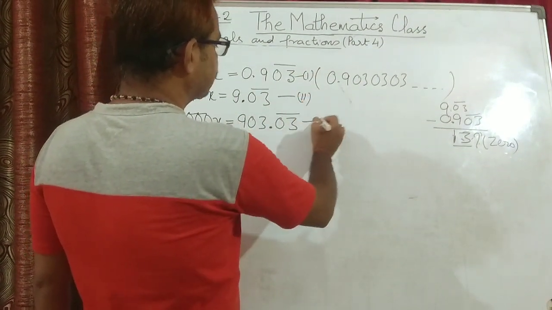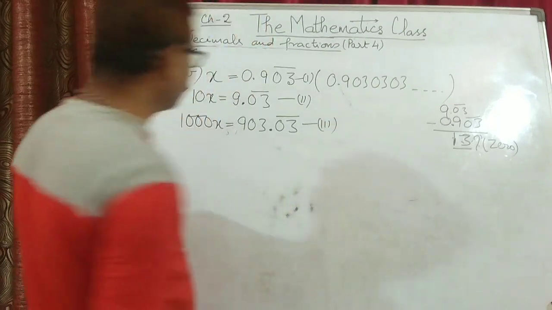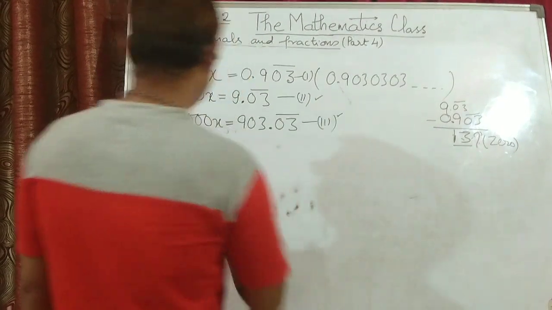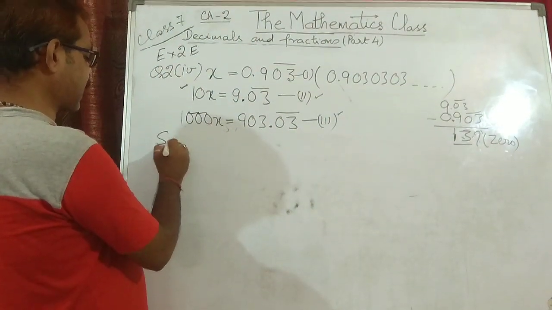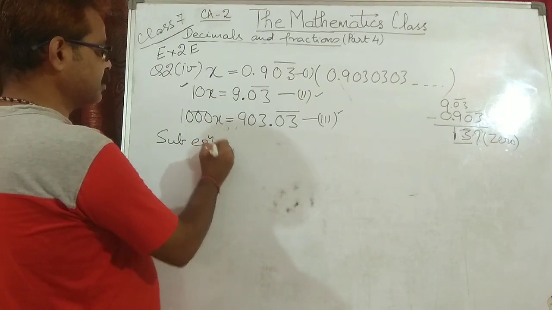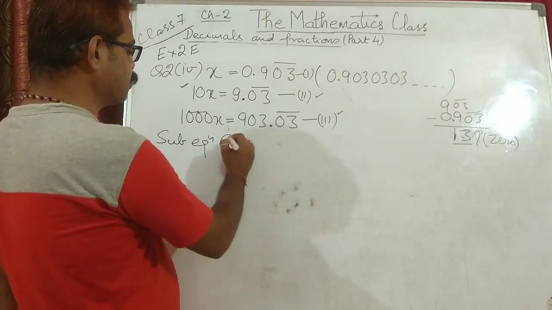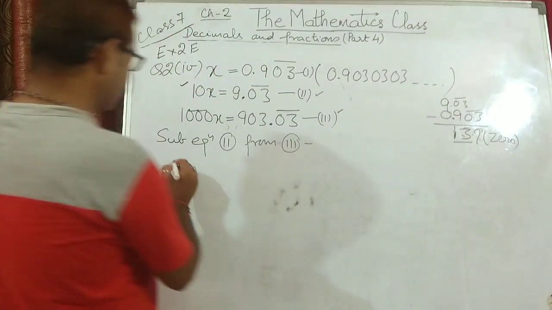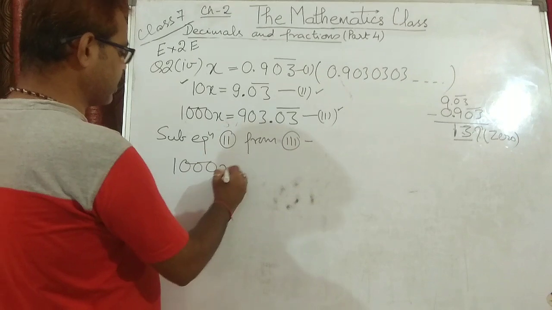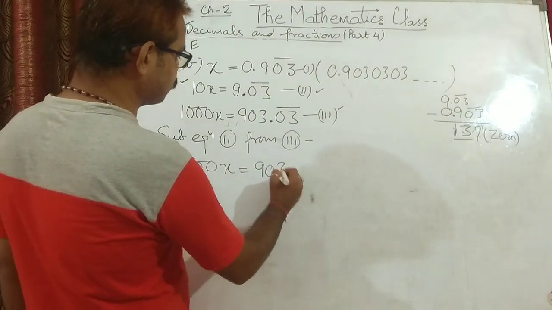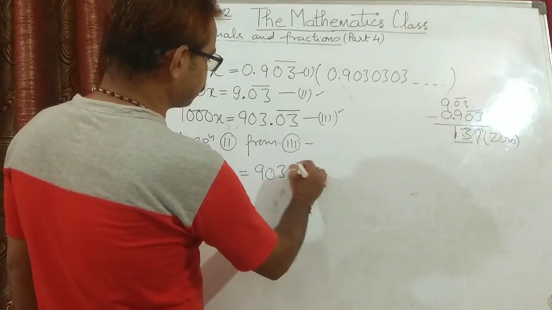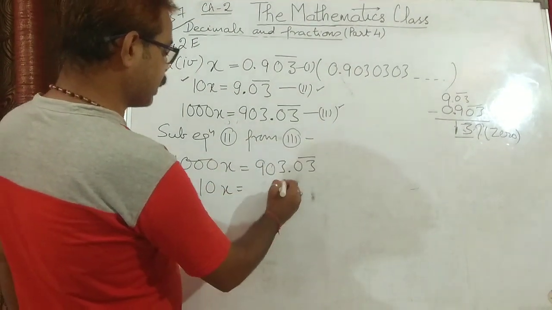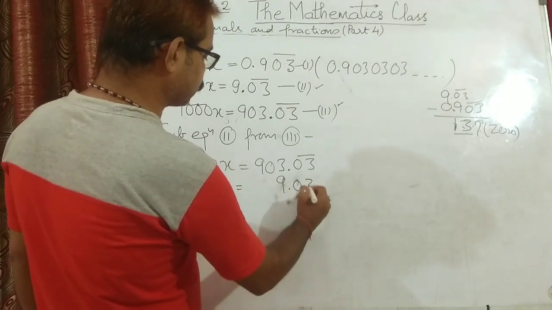Let us name them equation number 1, equation number 2, equation number 3. Now which two equations are we going to work on? Second and third, subtracting equation 2 from equation 3. So 1000x is equal to 903.03 bar, and 10x is equal to 9.03 bar.